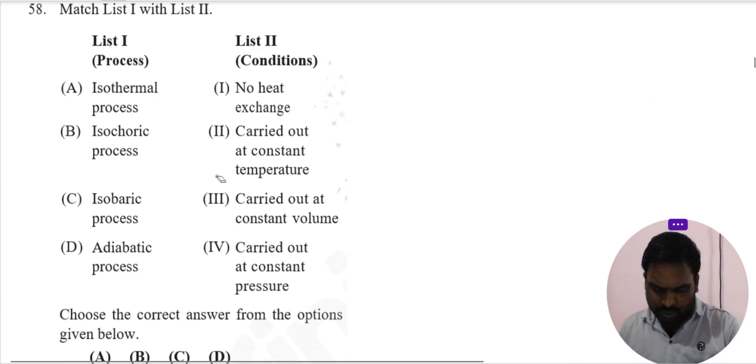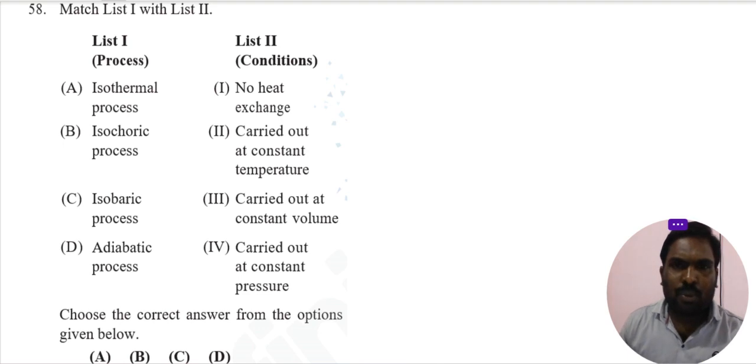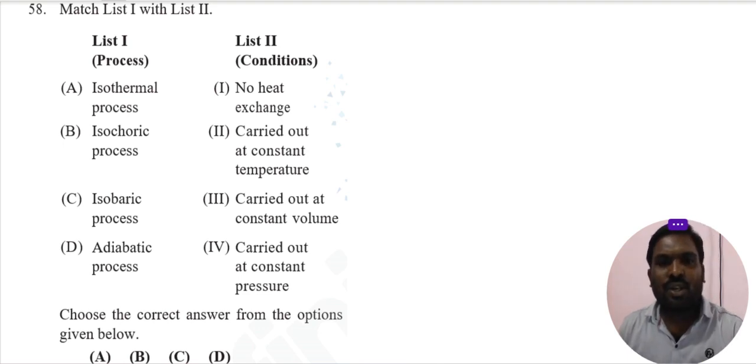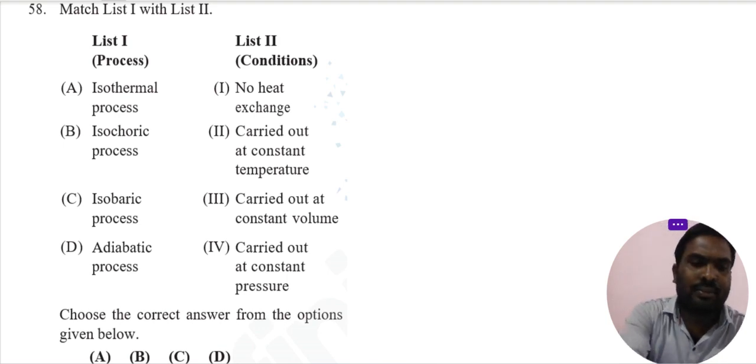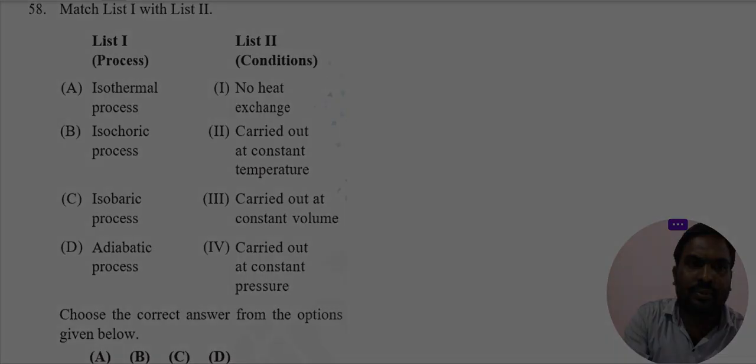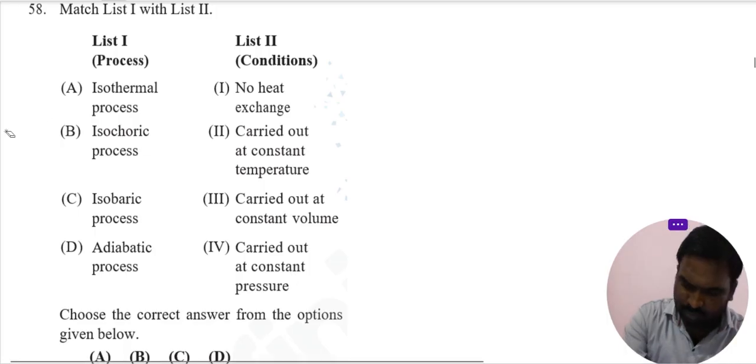Now coming to question 58: isothermal process, isochoric, isobaric, adiabatic process. Which is the right answer here? Just observe here.